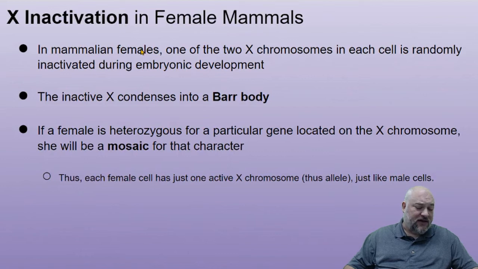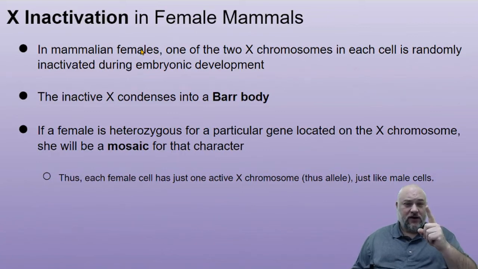Something interesting that we see with XY organisms is X inactivation in female mammals. In mammalian females, one of the 2 X chromosomes in each cell is randomly inactivated during embryonic development. So that in every cell, whether you're male or female, you still only have one active X chromosome.